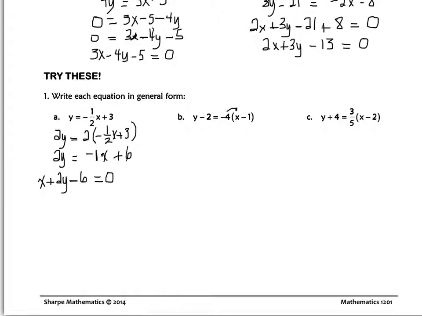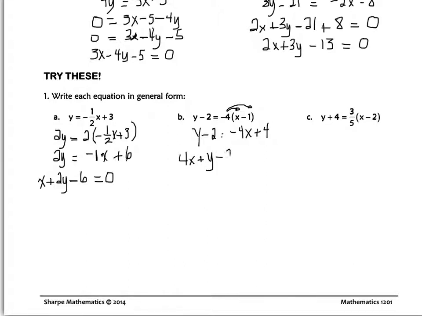Next one we're going to distribute. So it's going to be y minus 2 equals negative 4x plus 4. And then again, we'll bring the negative x term to the other side, so it's going to become a positive 4x. The y is already on this side, and it's positive, so it stays positive.